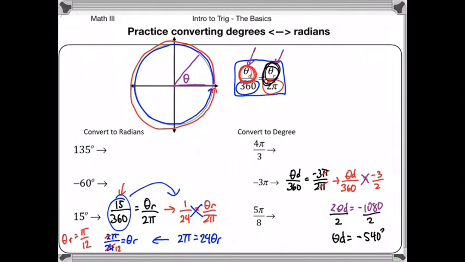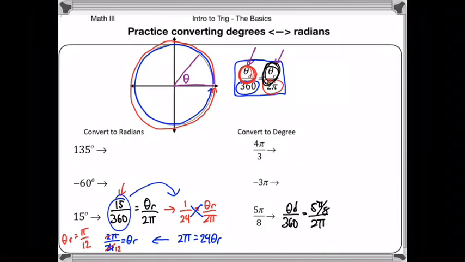Let's take a look at the last one for good measure, and then we'll have plenty of examples to try on our own. So we have theta d over 360 equals 5 pi over 8 divided by 2 pi. Let's knock this part out up here.